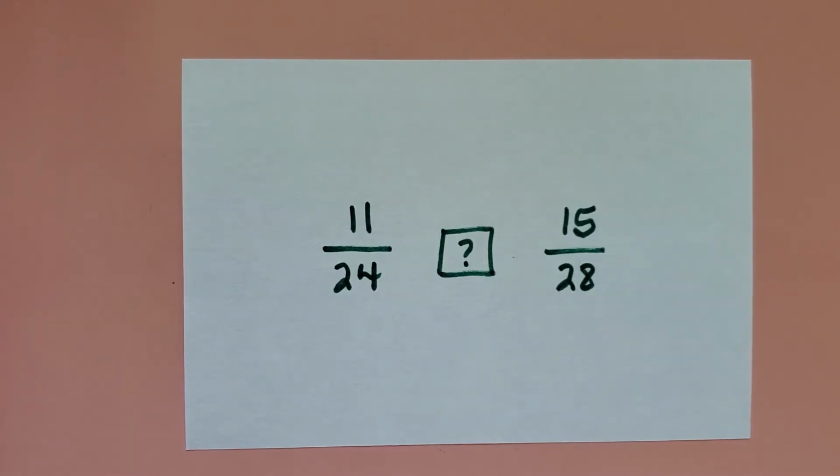So 12/24 would be a half, and 11/24 then would be very close to 1/2. Looking at the other fraction, half of 28 is 14. So 14/28 would be a half, and so 15/28 is close to a half.